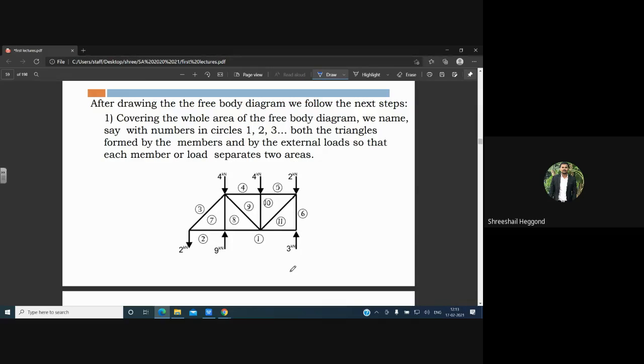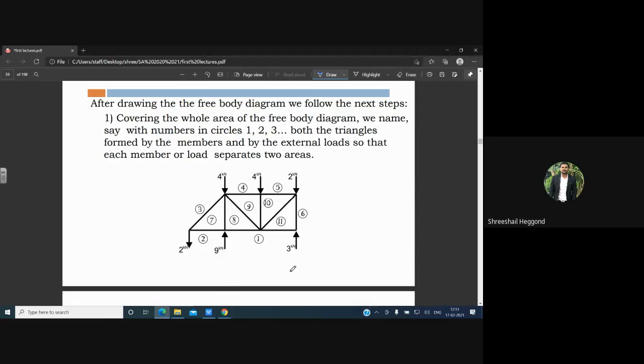The triangles formed by the members and by the external loads create separate areas, so each member and load separates the areas. The load as well as the members in the diagram will create separate triangles. So for that, the namings are given.